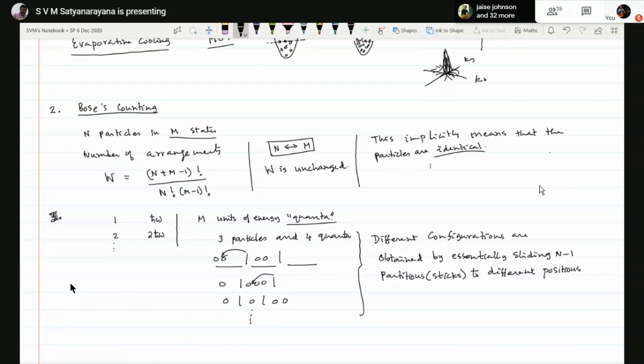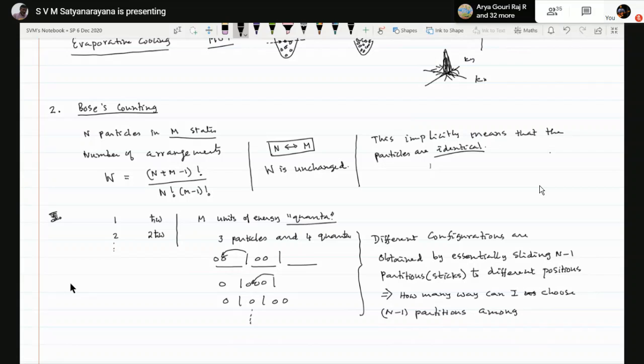Now this mathematically implies: in how many ways can I choose these n minus 1 partitions among the objects?